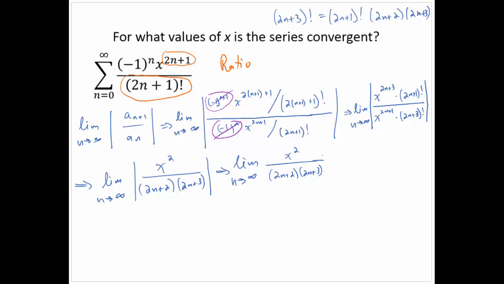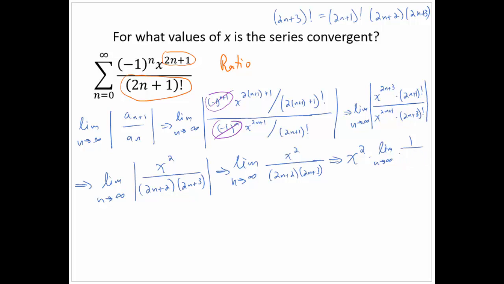Now let's look at this limit. Remember, we're adjusting n. As n becomes very large, x is a constant. The way we're thinking of it right now, under this limit, we're treating x as a constant. In fact, I could write this as x squared times the limit with n approaching infinity of 1 over 2n plus 2 times 2n plus 3.